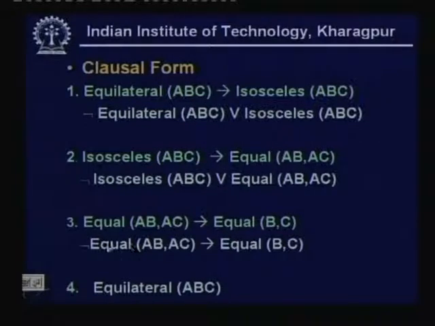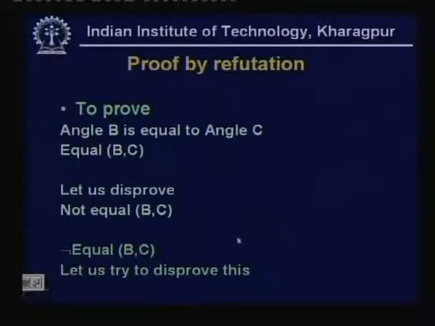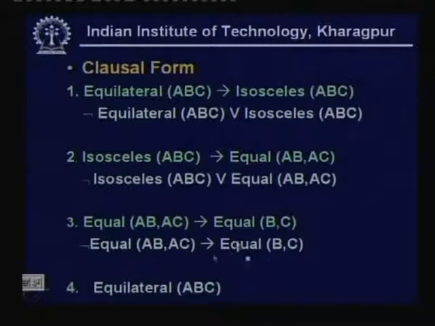It should be not equal AB AC or equal BC. So here this implication sign should be changed with an or. And the fourth one was originally in the clausal form, so I need not do anything.